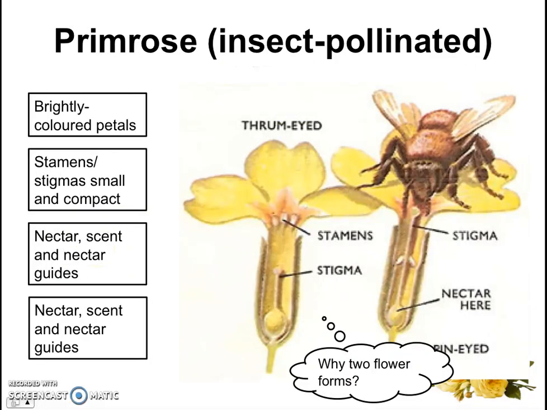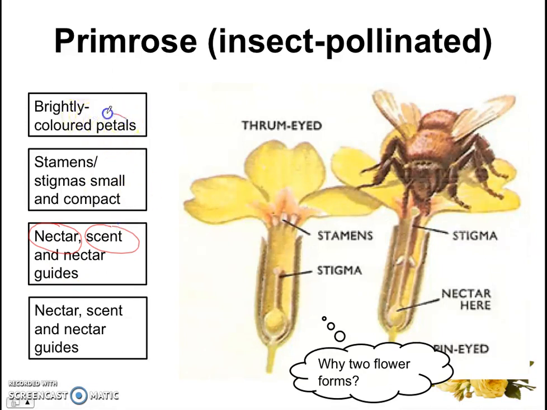Alright, so we also have, on the other hand, insect-pollinated flowers. And the example that some of you researched was the primrose flower, very famous for primrose oil. Now, typical features of insect-pollinated flowers would be your brightly colored petals and the presence of nectar and scent.